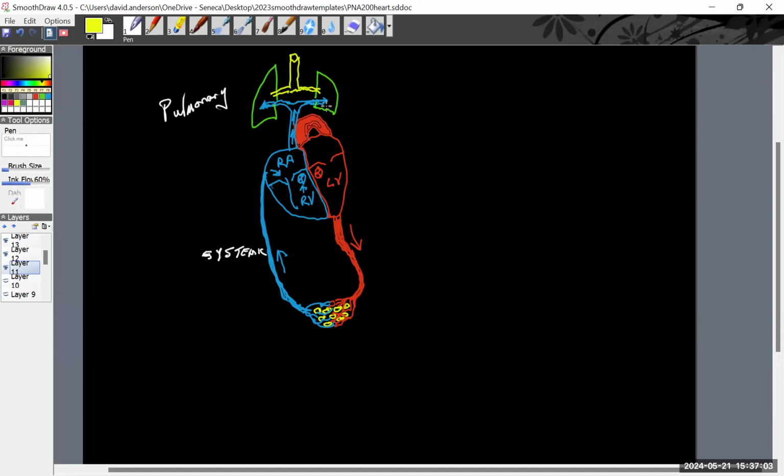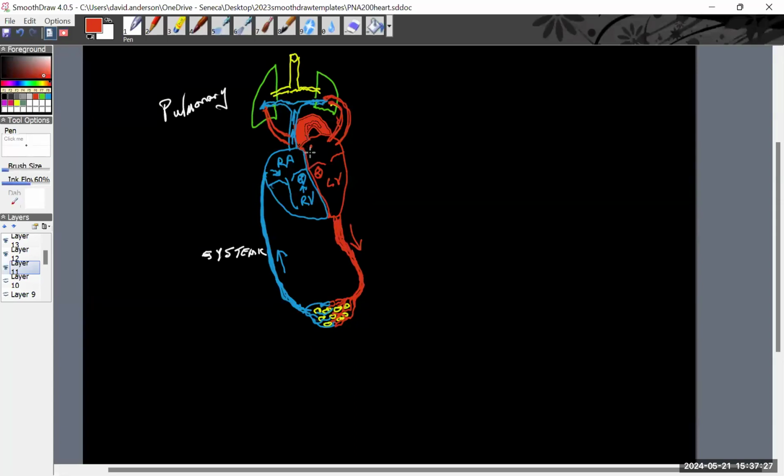Okay, and what that means is that the lungs then are going to send oxygenated blood that got picked up there. I'm just going to put it in behind here. I'm going to try not to make it too complicated.